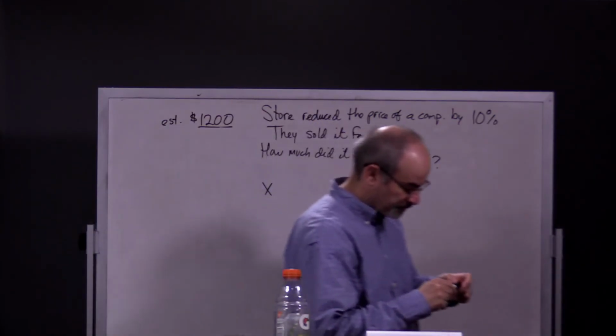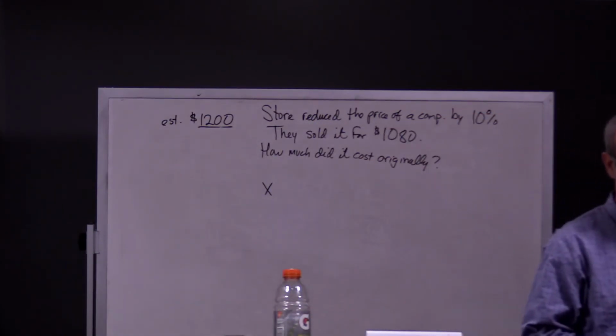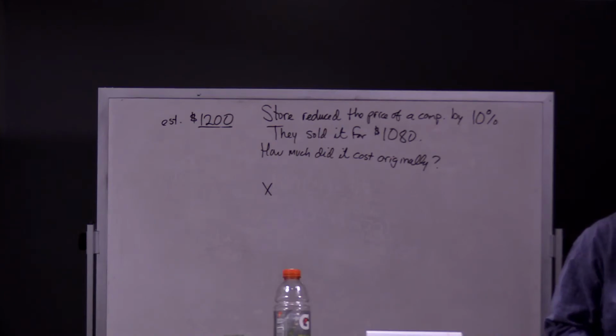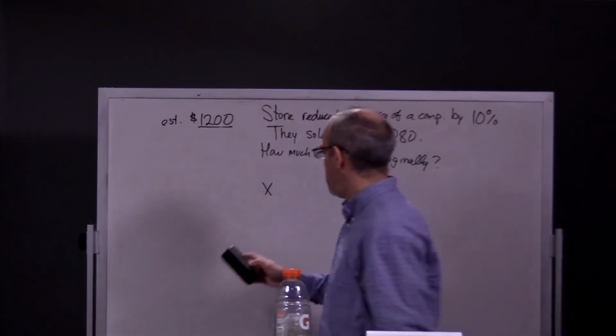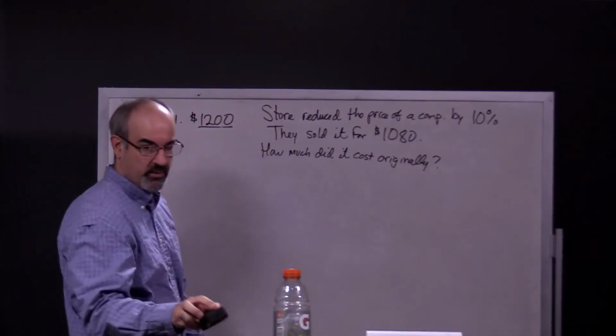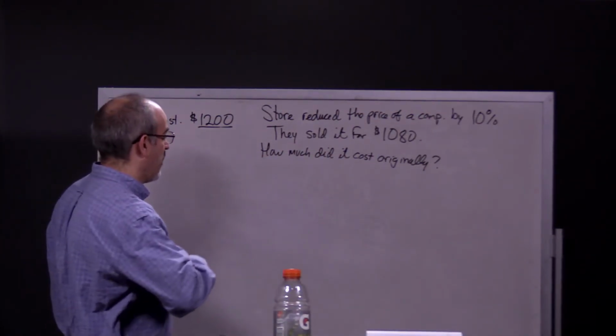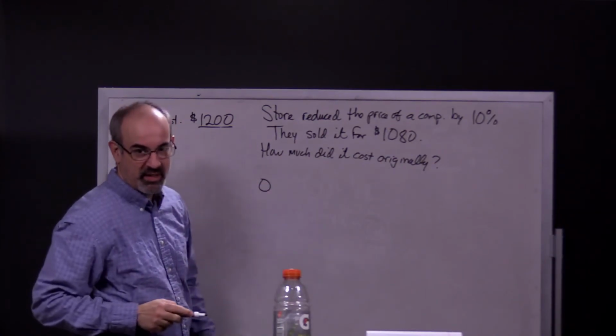Now, here's where sometimes people might, instead of using X, use a letter to know what they're talking about. Like, you could say O for original price, but I don't like that because it looks like a zero.